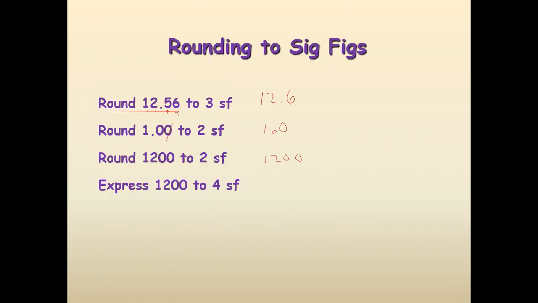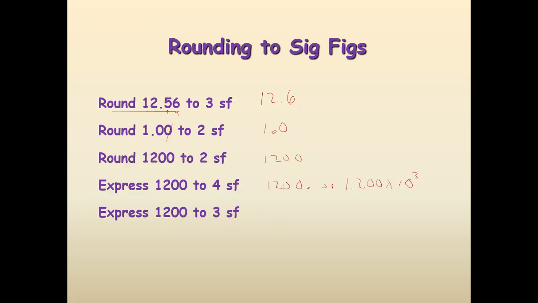What about 1,200 to 4 sig figs? Well, that's where I have to do the fanciness. I could do 1,200 with a decimal, or I can do scientific notation of 1.200 times 10 to the third. Either or.